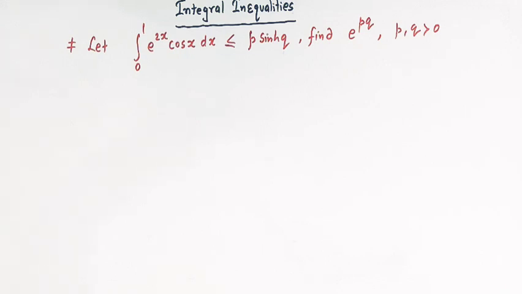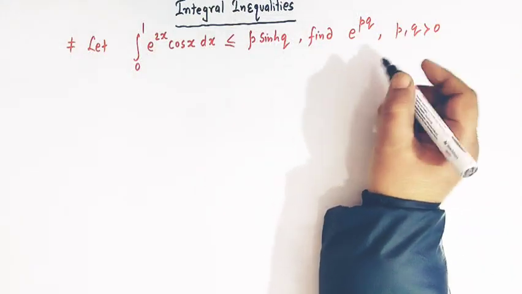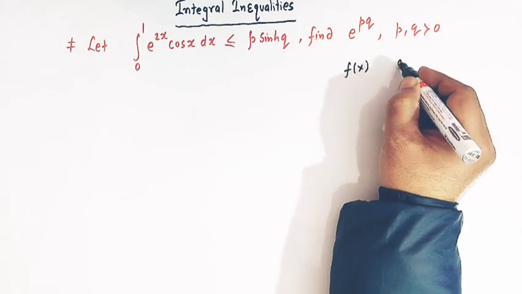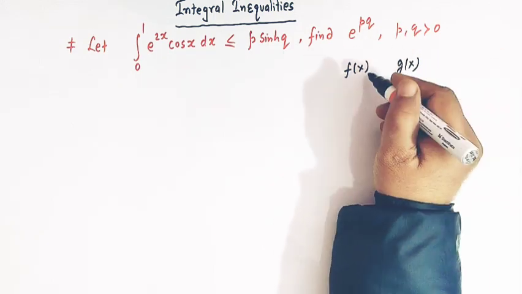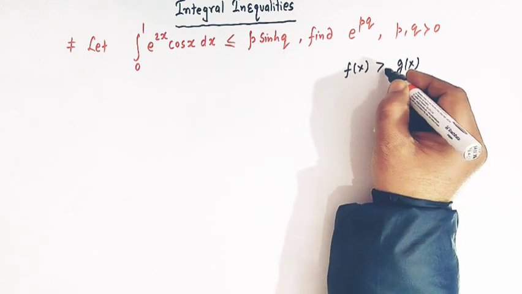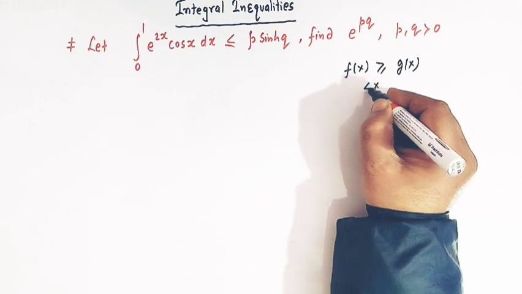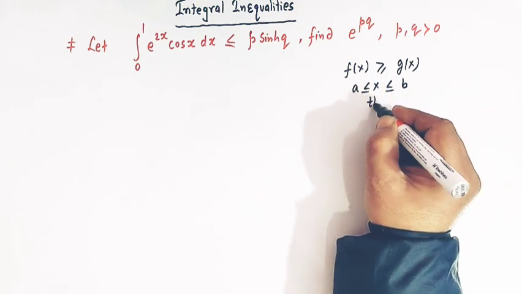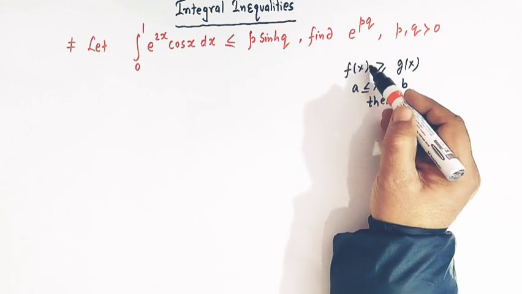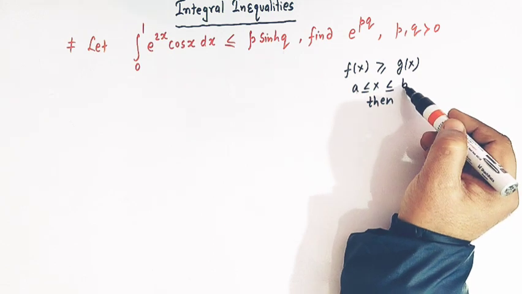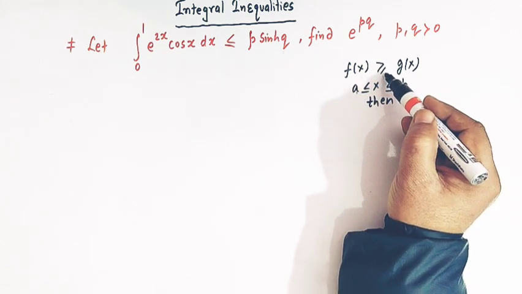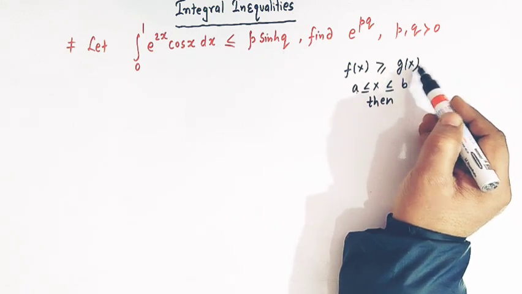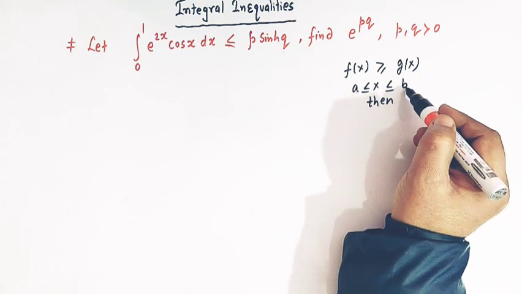So let us start. Here we are going to use one important integral inequality, which says that if we have two functions, say f of x and g of x, and f of x is greater than or equal to g of x in the interval x greater than or equal to a but less than or equal to b, then the area bounded by the function f of x from a to b is always greater than or equal to the area bounded by the curve g of x between these two points a and b, right?